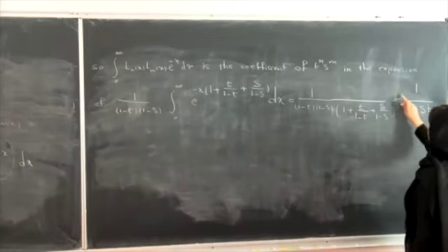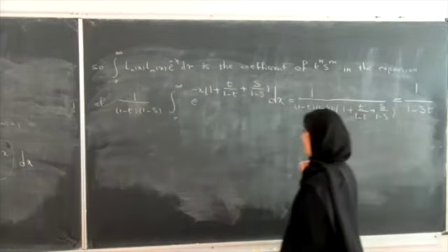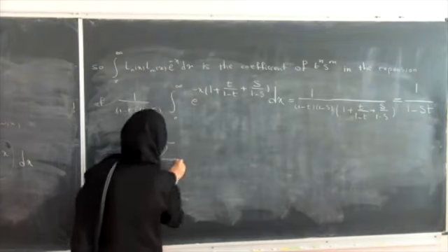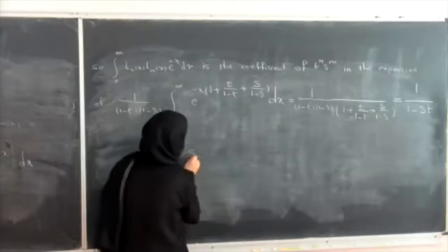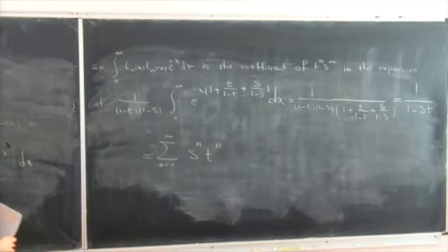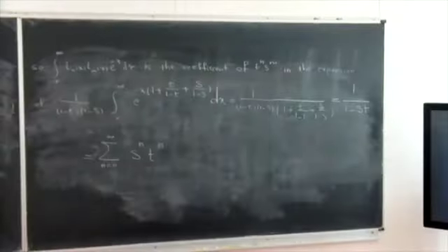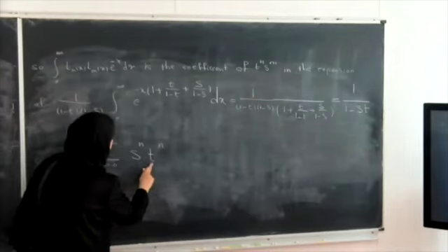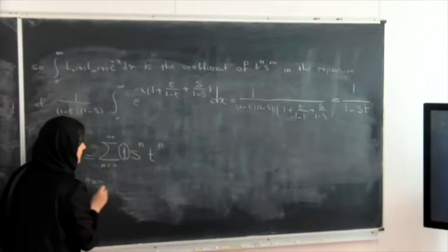Okay, we know that we can write this fraction as the summation from 0 to infinity of sⁿ tⁿ. So we find that this integral will be 0 when n isn't equal to m, and it will be 1 when n equals m.